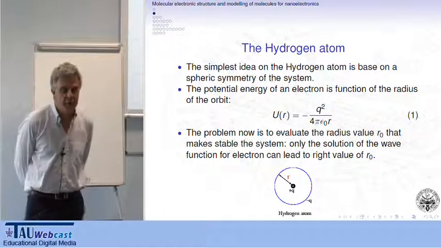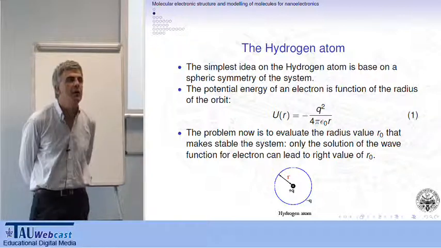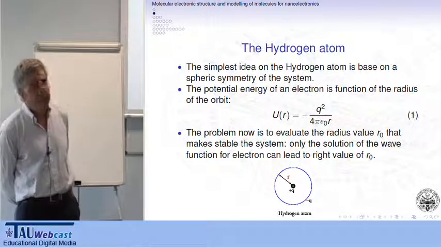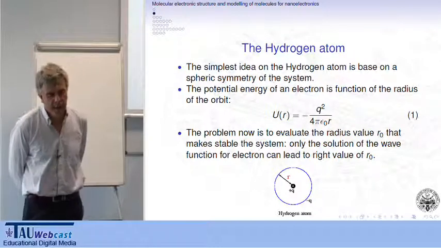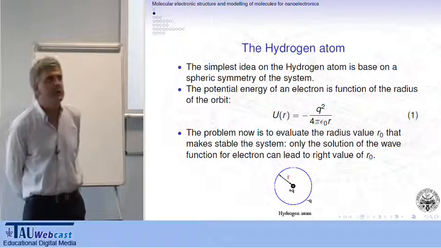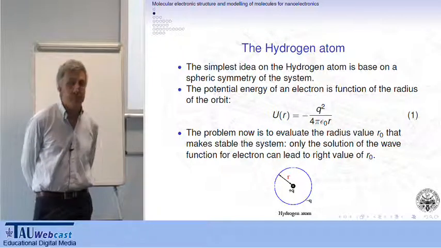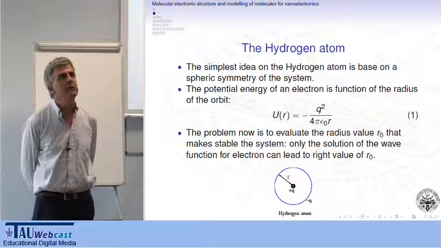If we have just one proton and one electron, it is q squared over 4 pi epsilon 0 times the radius, in other words, the distance between the electron and the nucleus. So this is a very, very simple model for the atoms.